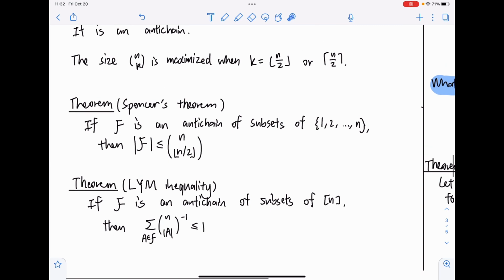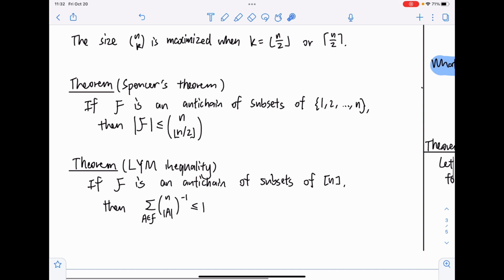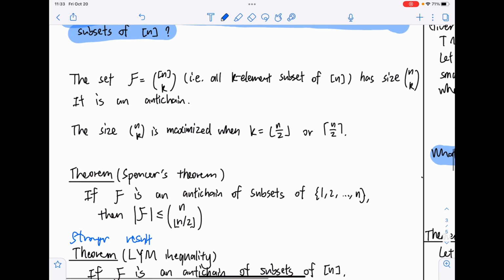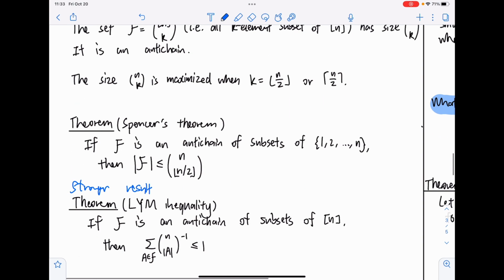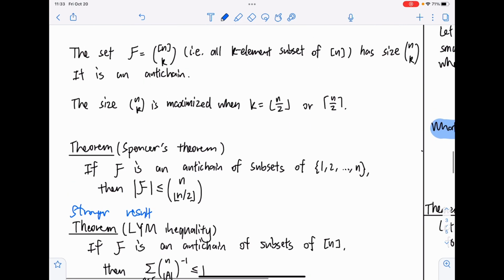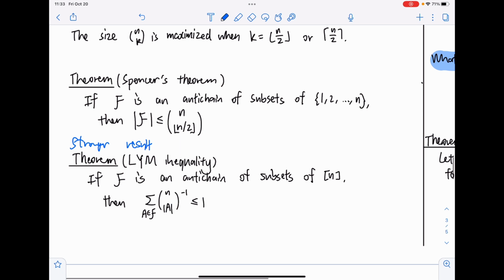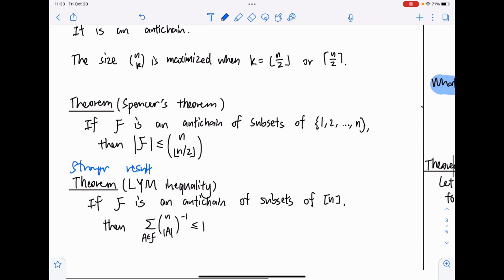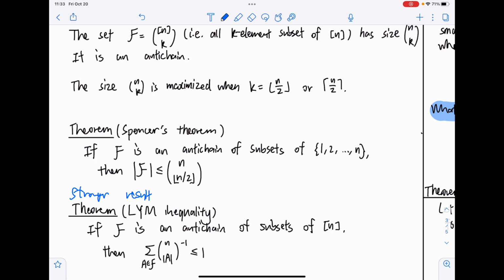And in fact, we're not going to show Sperner's theorem. We're going to show an even stronger result, which is the LYM theorem. Actually, Sperner's theorem tells us that this example is the best we can do.